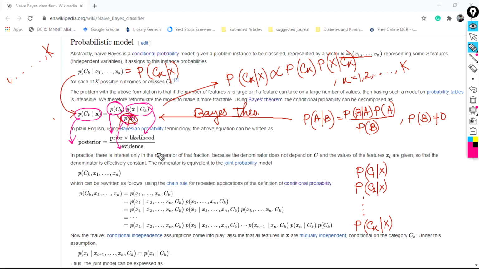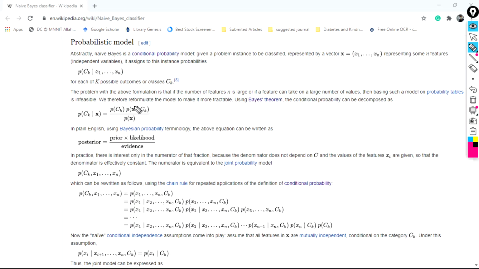Now the main thing is our numerator term. Let's look at it.